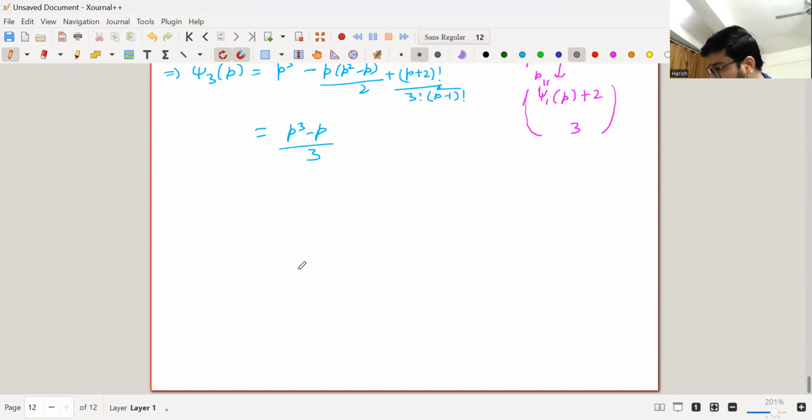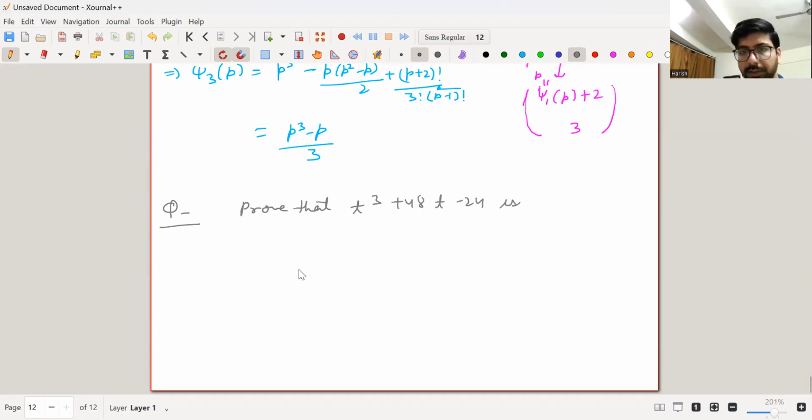So I was supposed to discuss one more question, and I think I can discuss. So that's an easy question. Prove that t cubed plus 48t minus 24 is irreducible in Q[t], and that's a straightforward check.